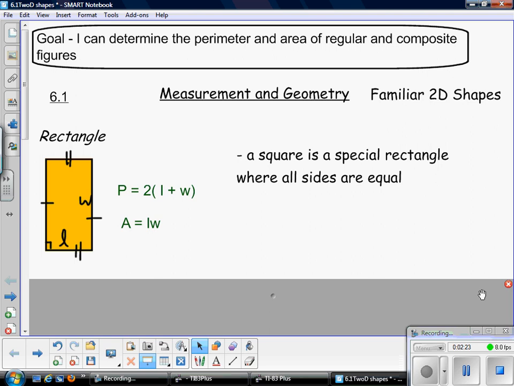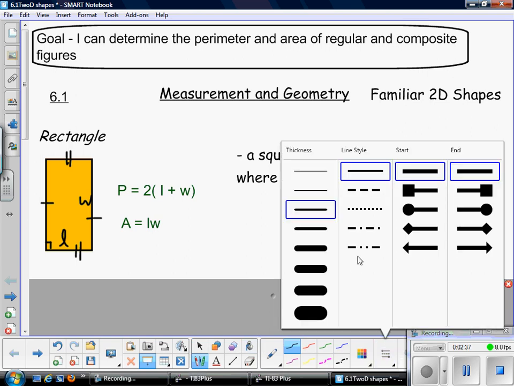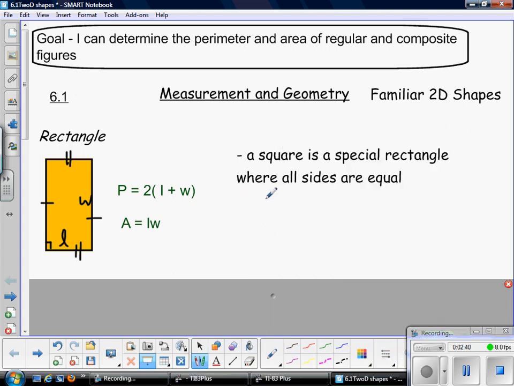So if we wanted to make a formula for a square, it's very similar to the formula that we have here, except a little bit different. The perimeter would be equal to 2 times a side plus a side, because the sides are all equal.